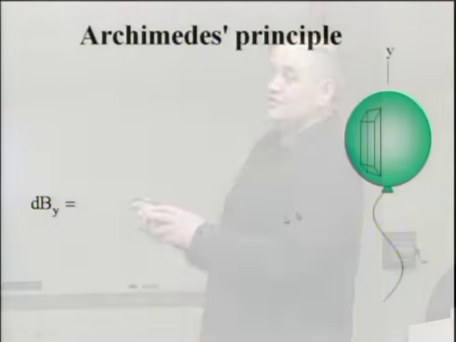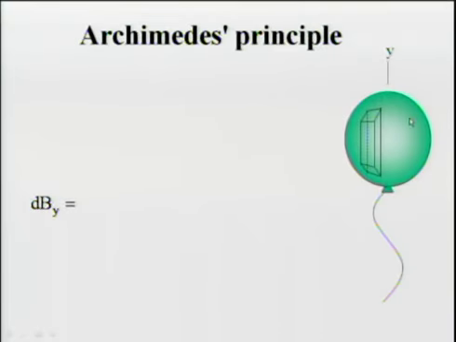Well, we have already figured out that the force is going upward, and to be more precise, symmetry requires it. If we have a fragment of surface on this side and a fragment of surface on that side, we will see that because the pressures are equal, the forces will cancel each other out.